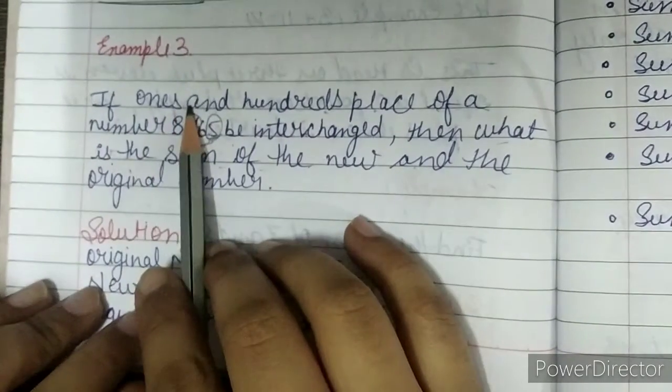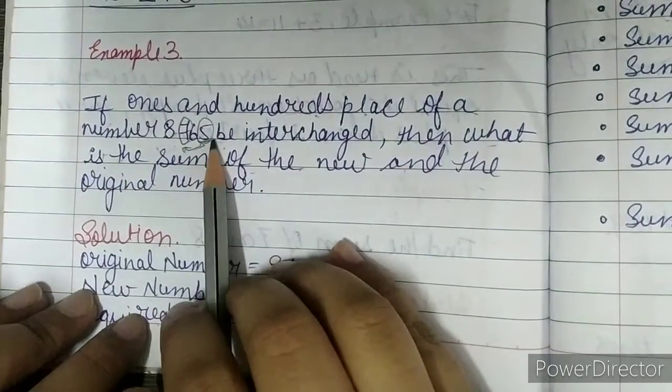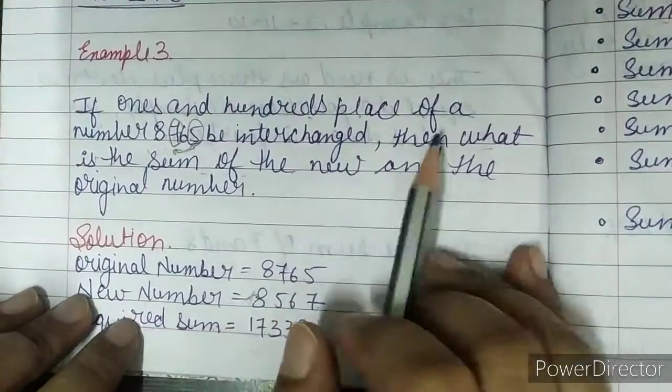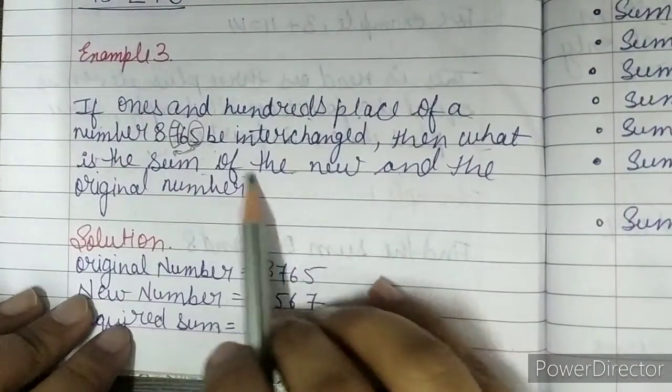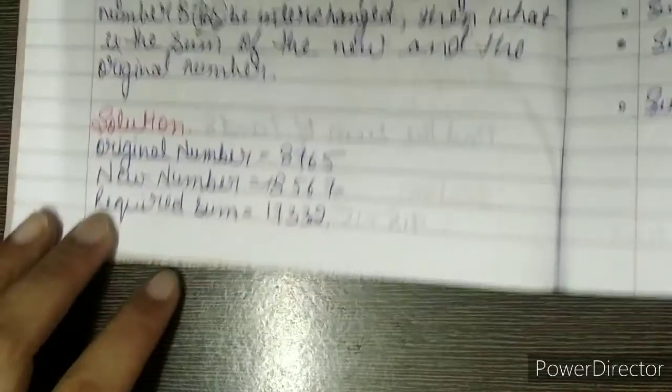If the ones and hundreds place of the number 8765 are interchanged, then what is the sum of the new and the original number? The original number is 8765.